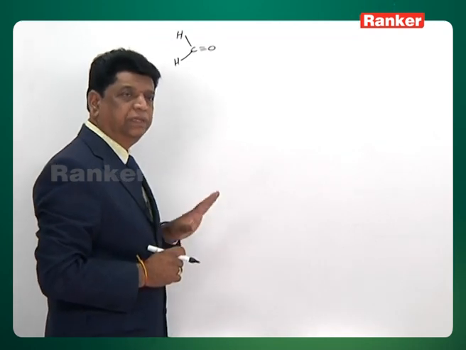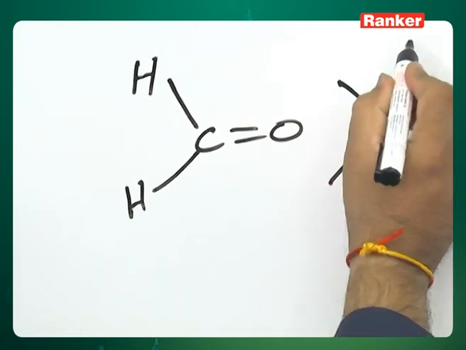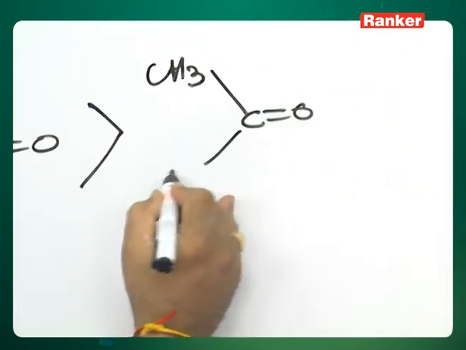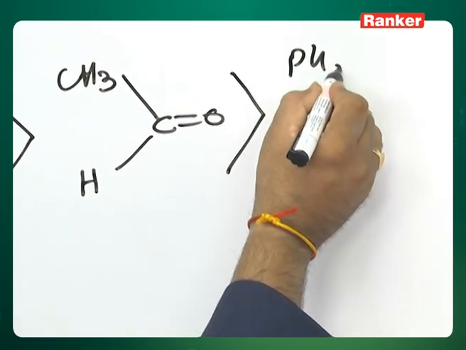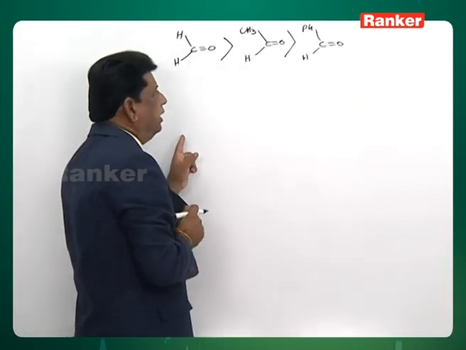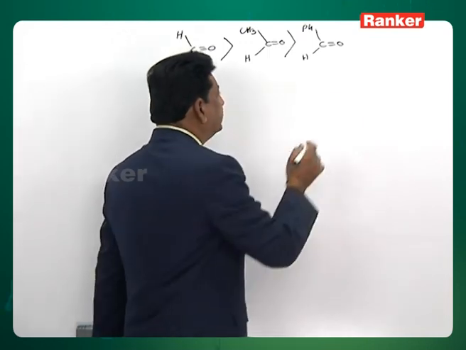Such a compound is called formaldehyde, and it is more reactive than if one methyl is there. This is called acetaldehyde, when compared with benzaldehyde. Formaldehyde, acetaldehyde, benzaldehyde, that means all aldehydes are coming first.